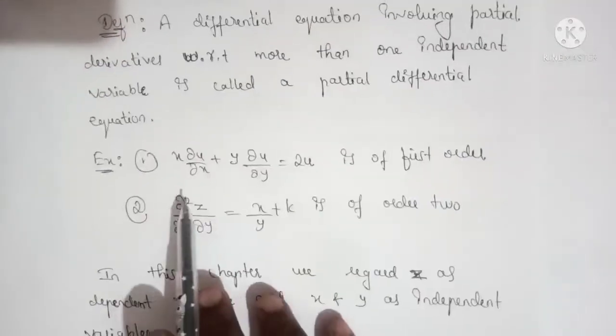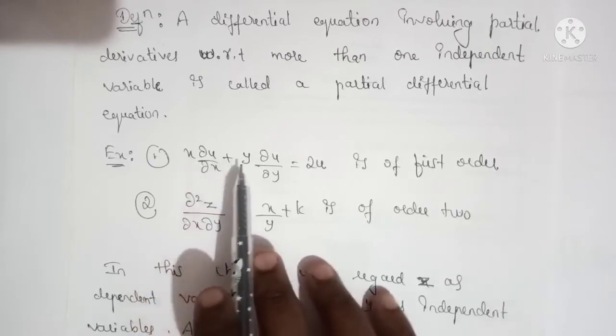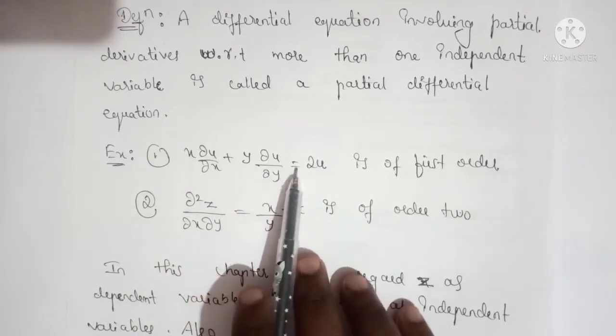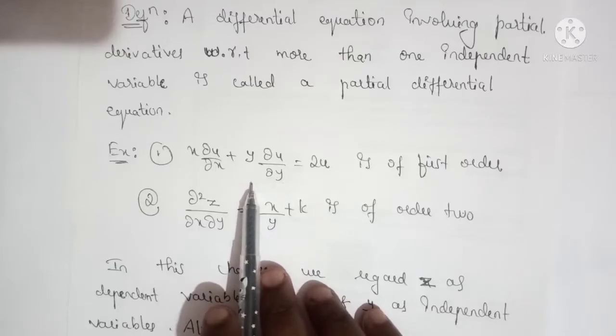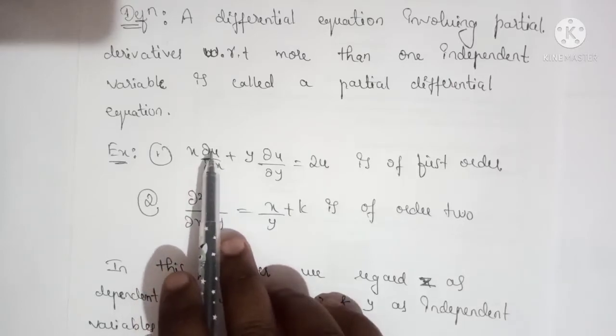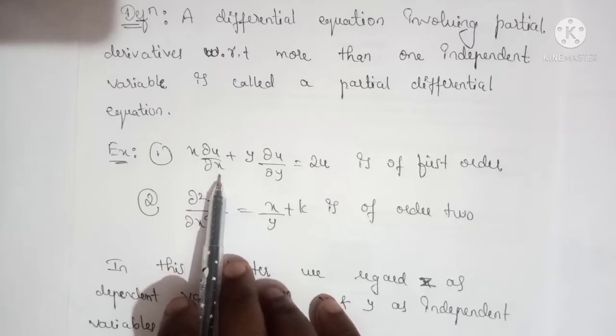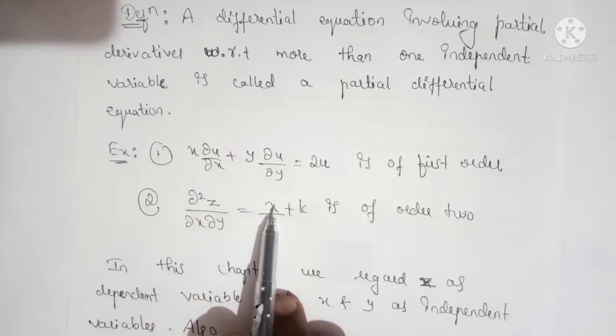Examples: you can observe that the first example is x ∂u/∂x + y ∂u/∂y = 2u. This is a partial differential equation of order 1 because the order of the derivative ∂u/∂x is 1. So this is a first order partial differential equation.